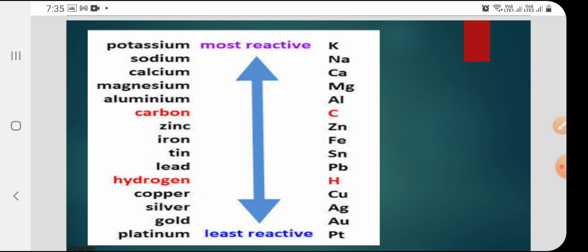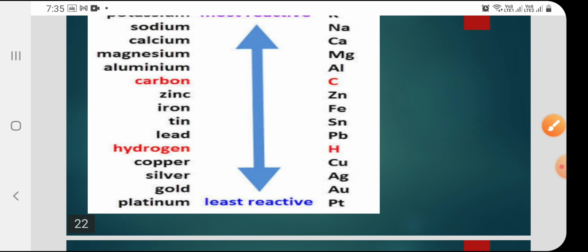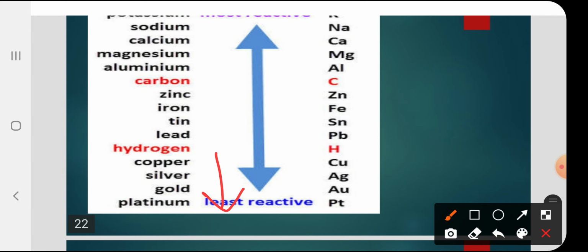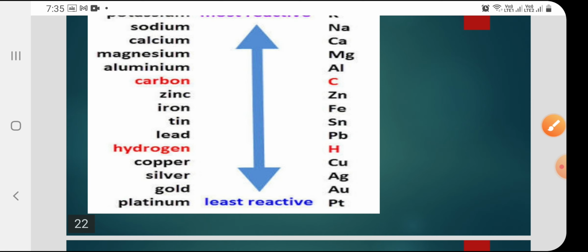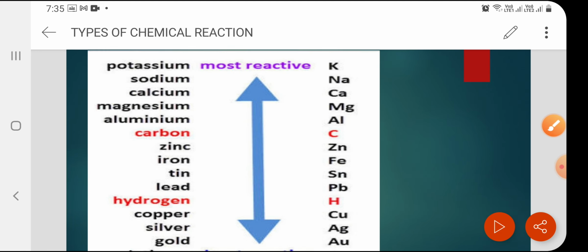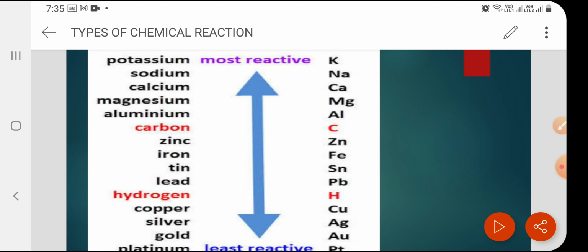Those elements which are below hydrogen are less reactive, and those above hydrogen are more reactive, so they can displace the weak metals from their salt solutions. So you should write this table in your classwork copy, and you have to learn this table, because only then you will be able to identify which element is more reactive and which will be less reactive.